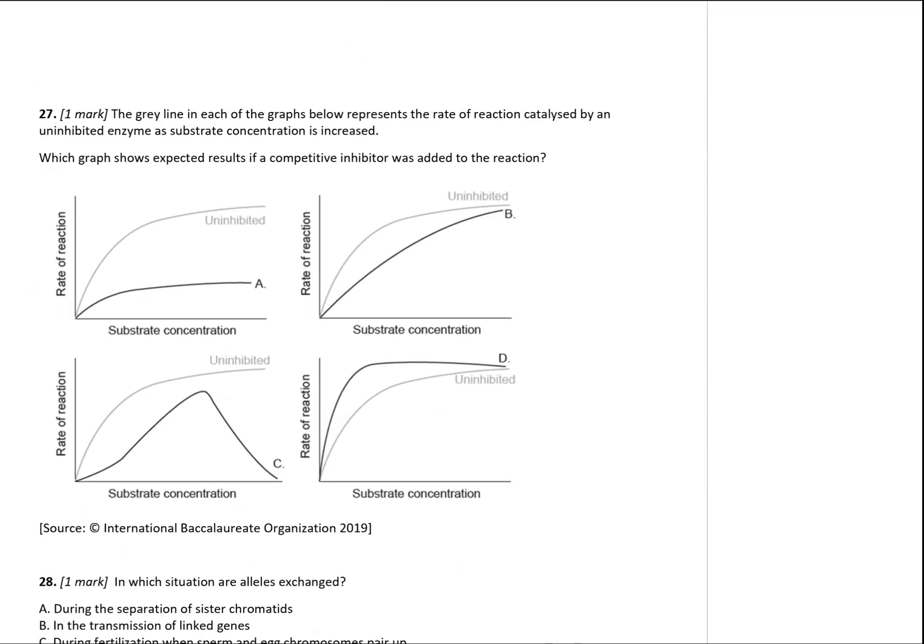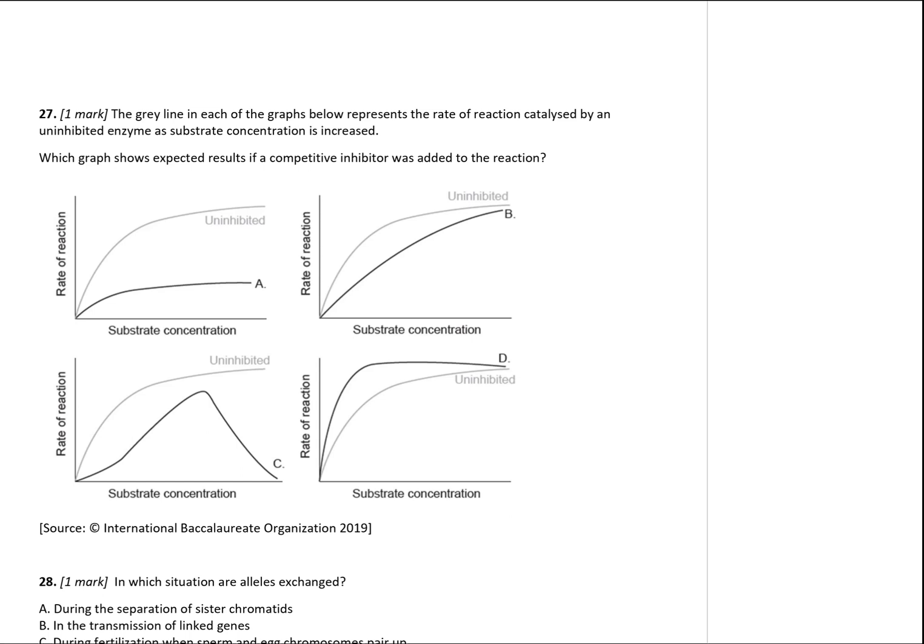And then 27. So we've got two lines. We've got the uninhibited line and the inhibited line, and it's what happens when you've got a competitive inhibitor. So if you remember, a competitive inhibitor competes with the substrate for the active site. So the way of increasing the rate of reaction when there is a competitive inhibitor is to increase the substrate concentration.